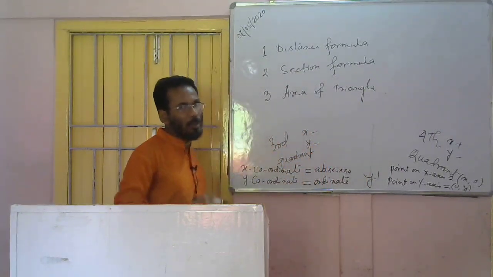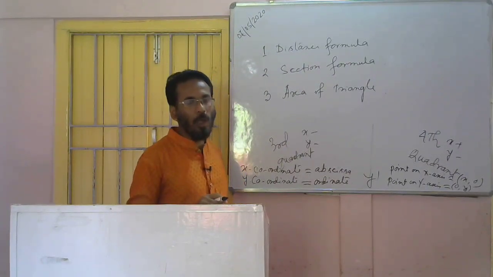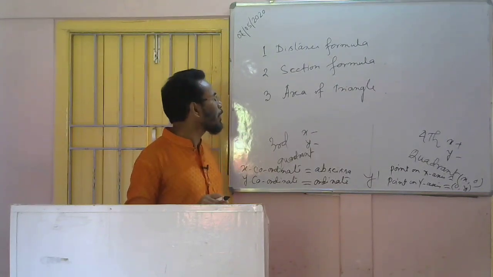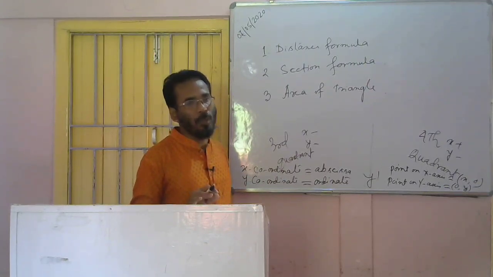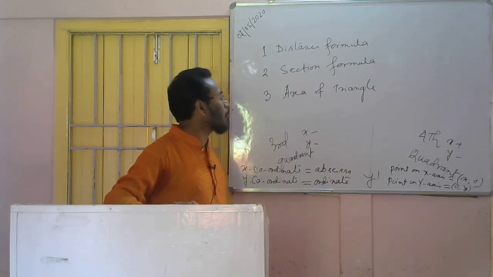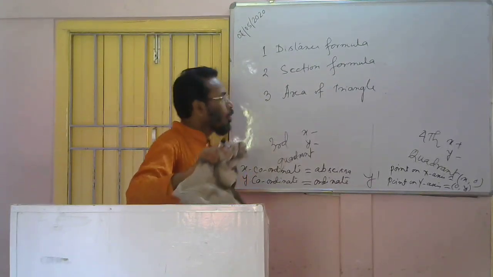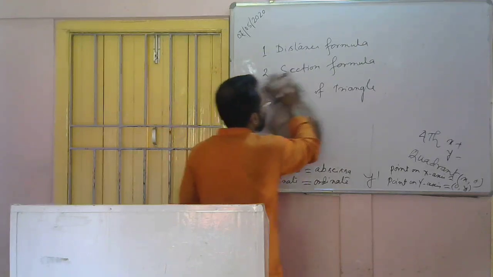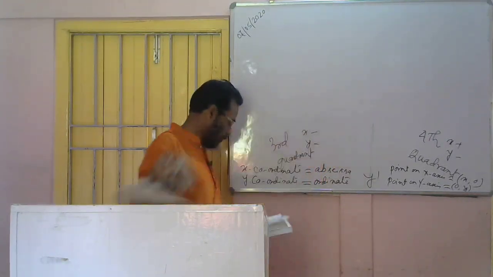First one is the distance formula, second one is the section formula, and third one is the area of triangle. Based on these three formulas, you can do the sums of this chapter easily. So what is the distance formula? We have to learn it geometrically.